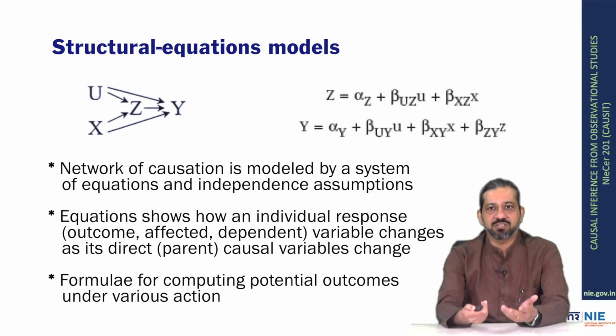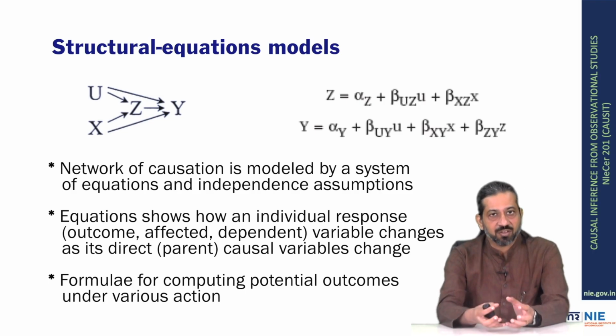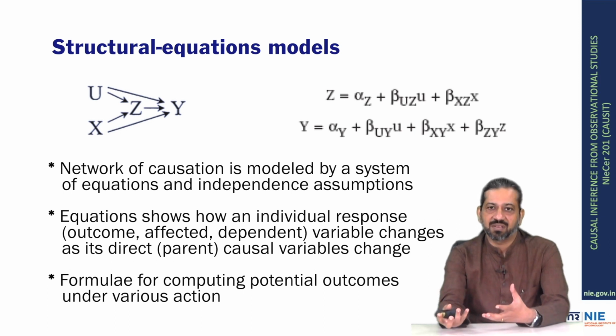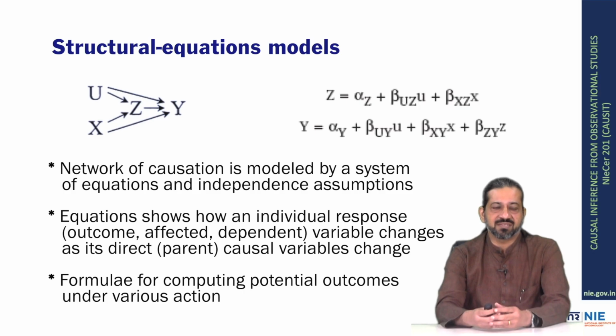That equation also asserts that Z will not vary with Y if U and X remain constant. And it is such kind of causal interpretations that distinguish the structural equations from the usual regression equations that we use, because the regression equations represent only the association and not necessarily causation of the actual outcomes with the actual values of the covariates.